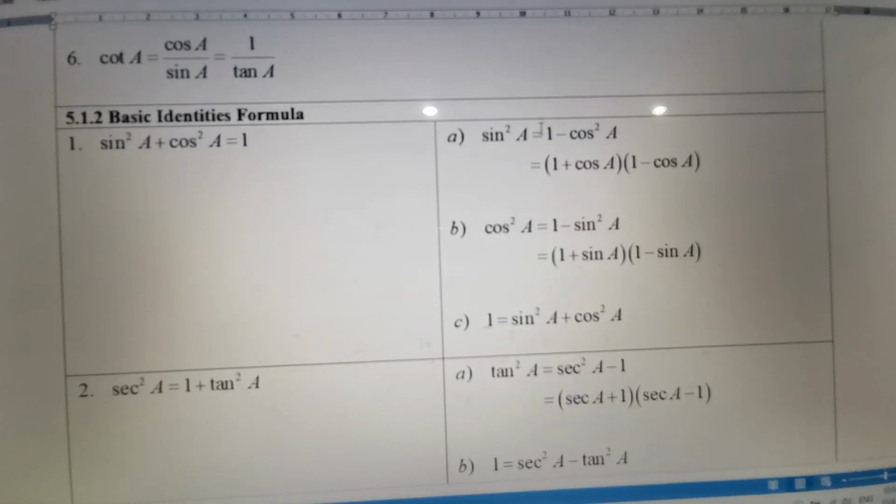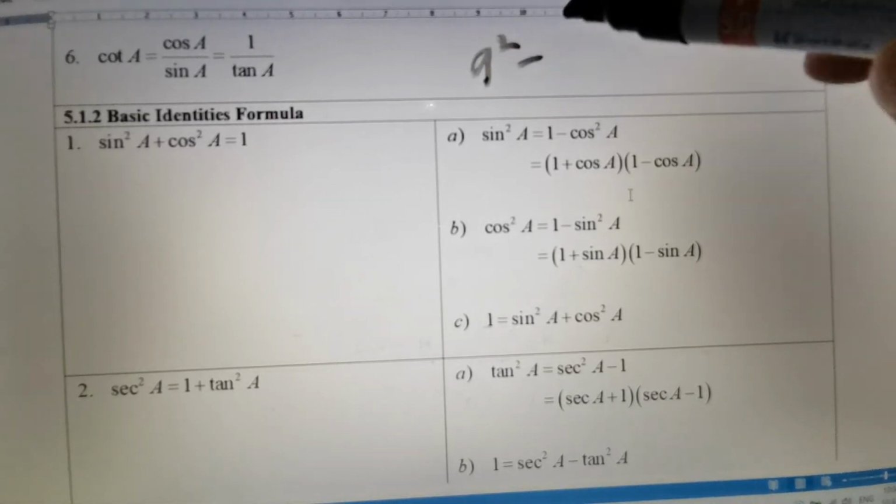And beside here I already did some alteration, meaning let's say sine squared A, you bring the cos squared A to the other side, your left hand side, sorry, to your right hand side, it will be minus cos squared A. And this one, you still remember A squared minus B squared?